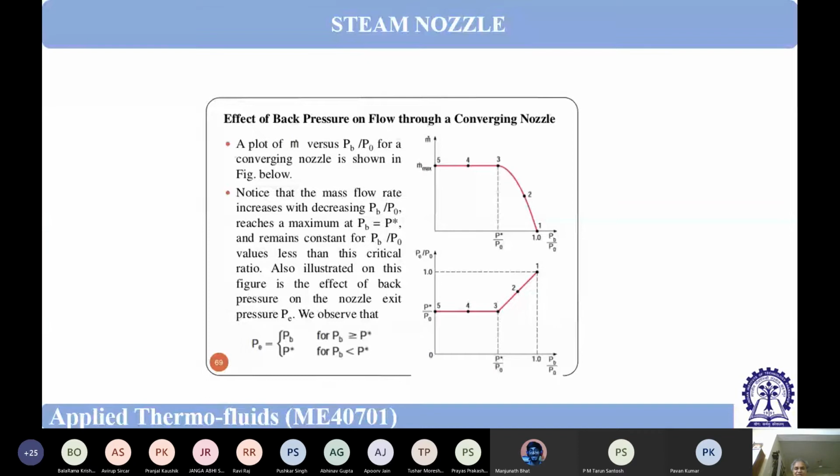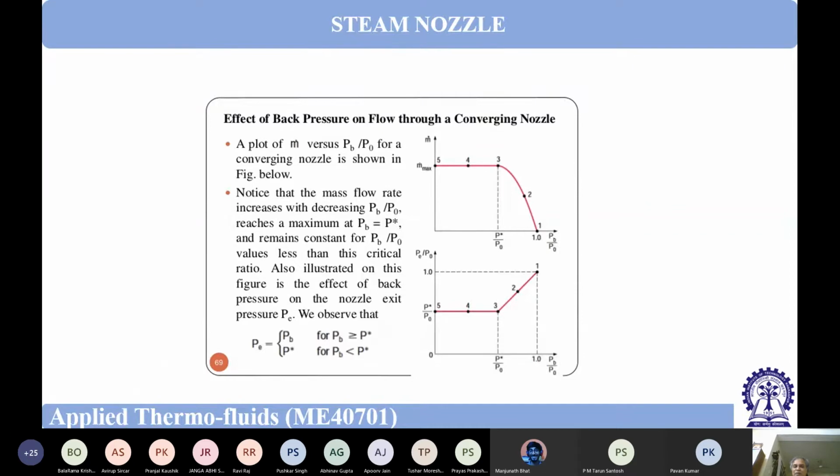And this disturbance is nothing but information that we have changed the pressure at the exit. This information is traveling with sonic velocity. So as this disturbance cannot travel, its velocity becomes 0. So the upstream air molecules will not know that there is a change in pressure.